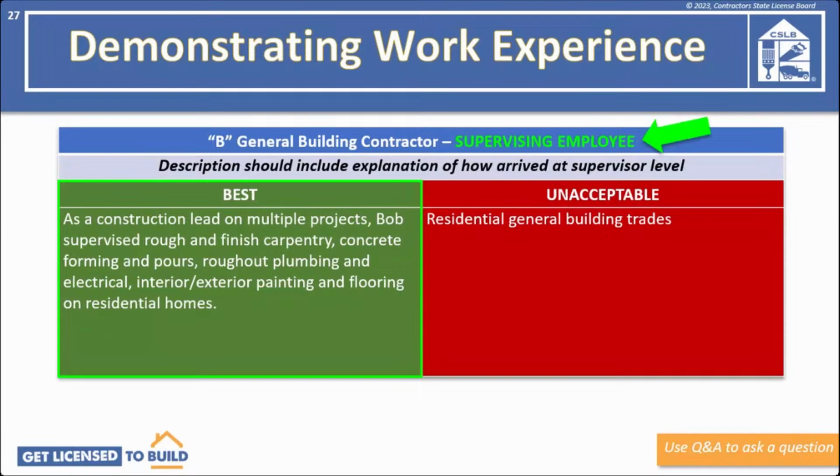For supervising employee experience, the description should include an explanation of how you arrived at a supervisor level. An example is, as a construction lead on multiple projects, Bob supervised rough and finish carpentry, concrete forming and pours, rough out plumbing and electrical, interior, exterior painting, and flooring on residential homes.